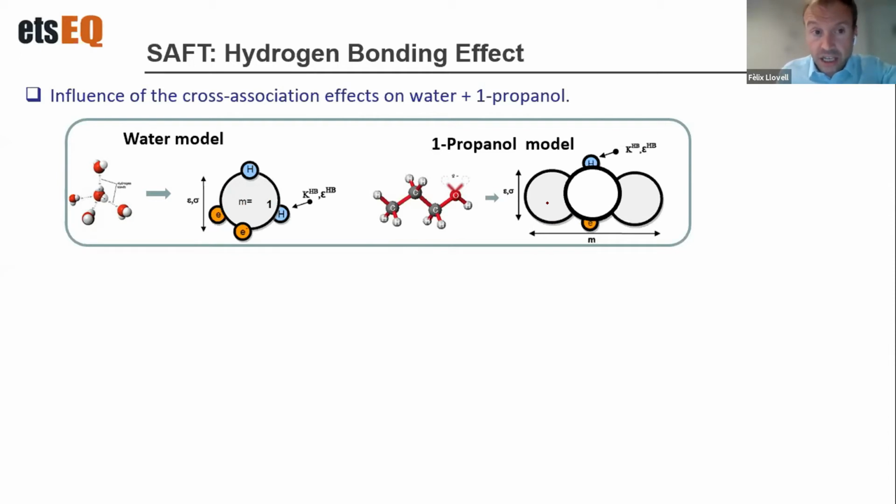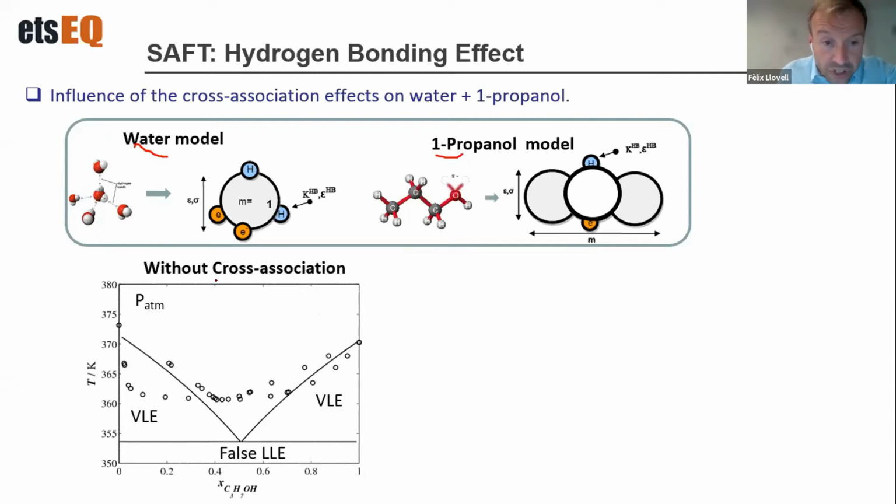In any case, if both molecules are modeled considering hydrogen bonding, but the hydrogen bonding between water and propanol is not considered, the resulting mixture gives a liquid-liquid equilibrium, which is false. This is the experimental data that you can find at atmospheric pressure.